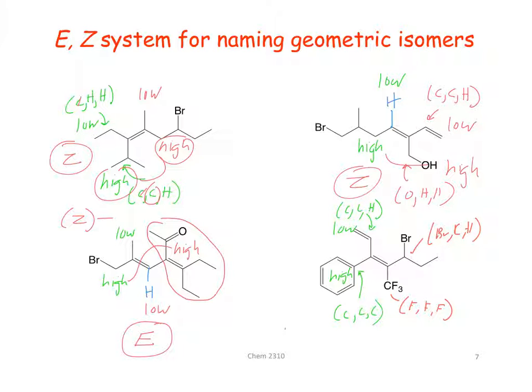Okay, so which one? 3 of a kind beats bromine, high? Nope. Bromine, we go to that first atom. Bromine has a higher atomic number, and so that's high. This is low. High and high are across. So this one as well is an E alkene.